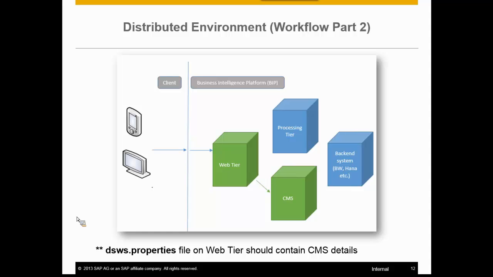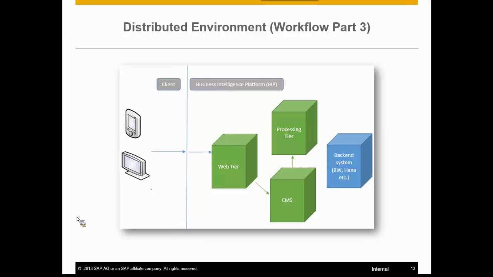So once we hit the web tier, it looks into this file, identifies where the CMS is located, and makes a connection to the CMS. Once we are connected to the CMS, the CMS has information about the processing tier, where the analysis application service sits. It's the same service that I showed on the first screen, which comes with the installer. So this is how the Design Studio add-on behaves in a distributed environment.